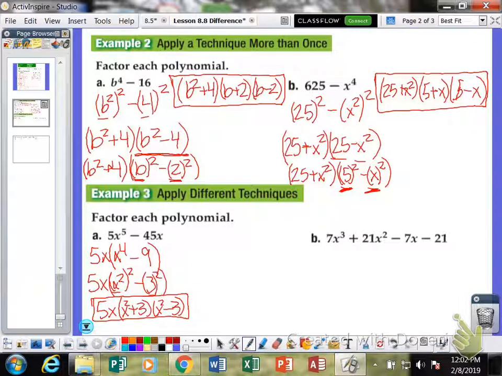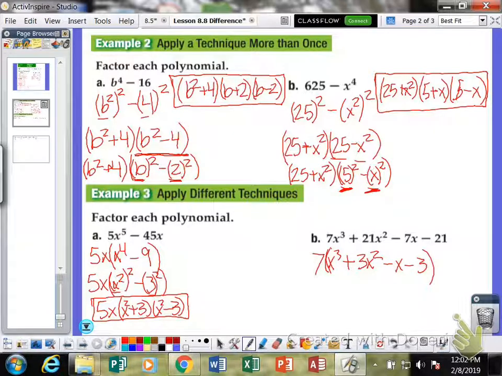Alright, so we're looking at our next one. There's a common term I can take out, 7. Left with x cubed plus 3x squared minus x minus 3. Okay, so now I'm going to factor like terms here.